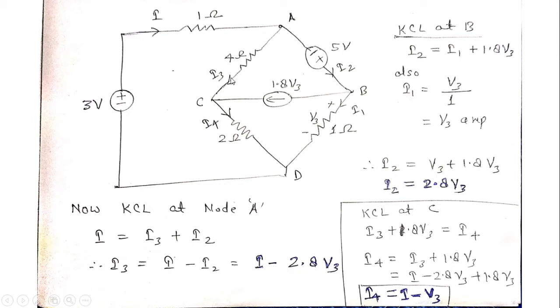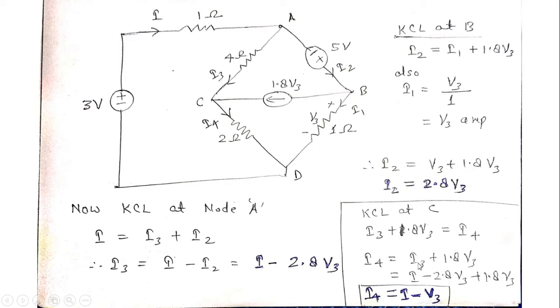We get I3. Now to find I4, we can apply KCL at C or D, whichever you want. I choose point C. The total incoming current is I3 and 1.8 V3, that is I3 plus 1.8 V3. The total outgoing current is I4. So I4 is equal to I3 plus 1.8 V3.